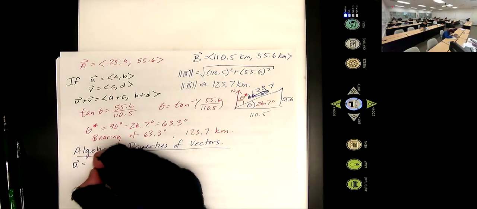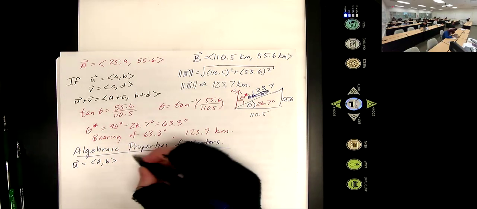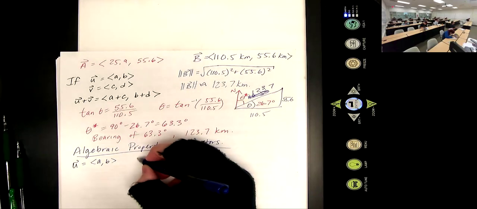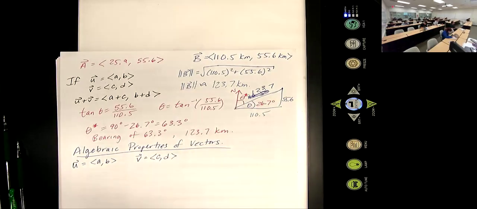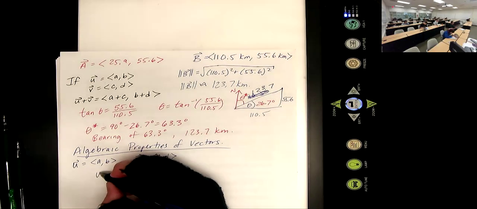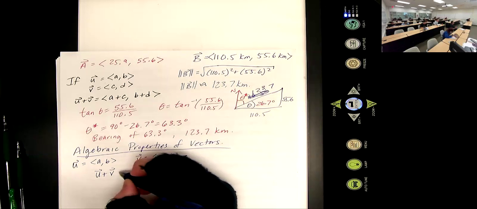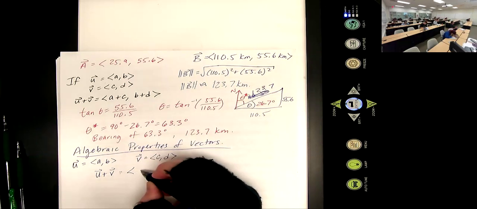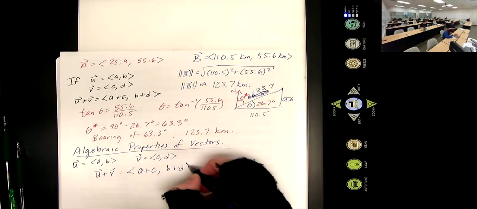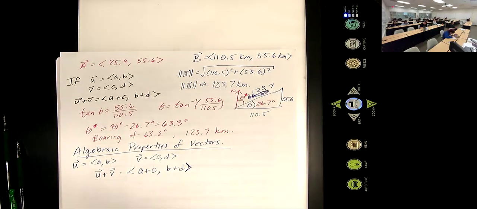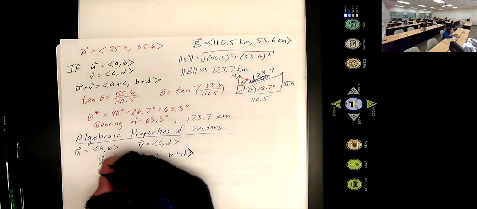Assuming u equals AB and v equals CD. If I do u plus v, you're just adding the x components. What do you think happens if I subtract?